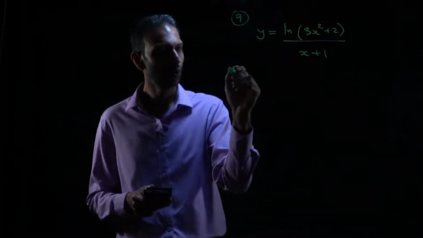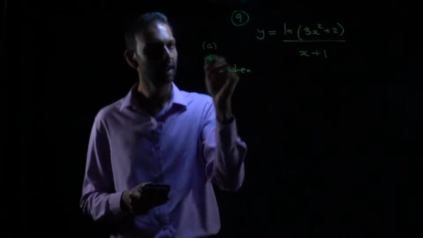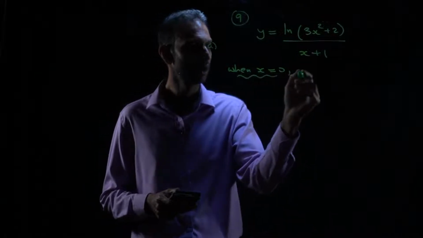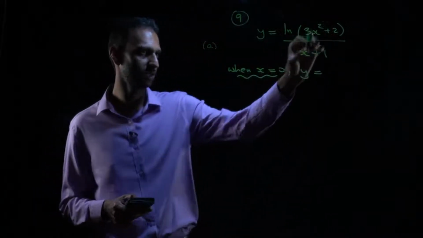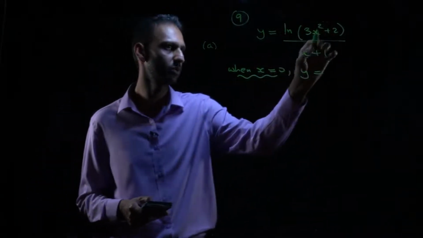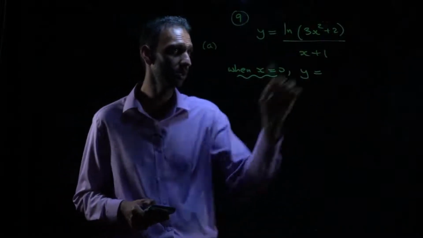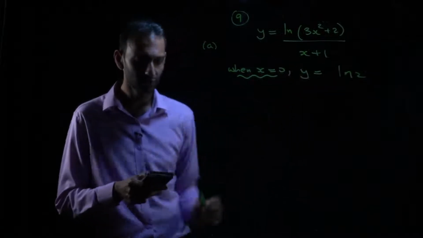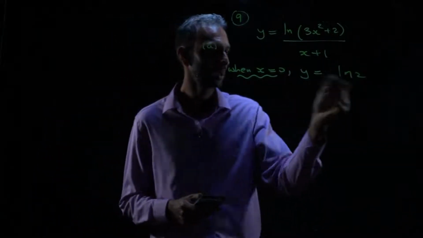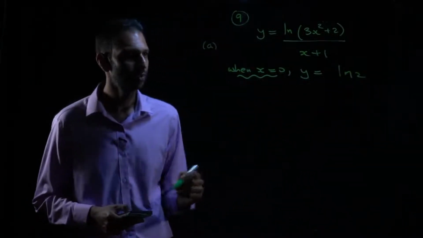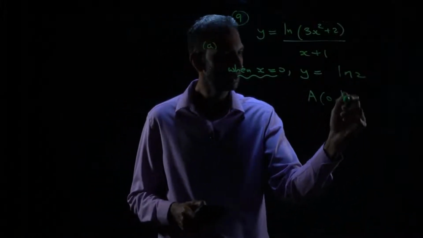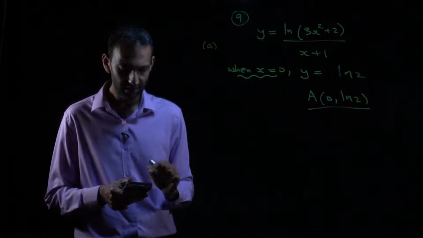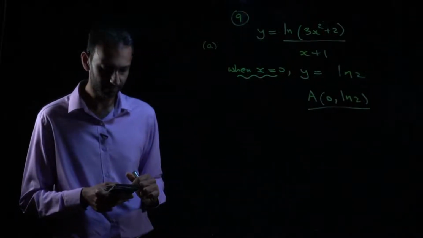Okay, so part A, when x is equal to 0, you have y which is equal to, if we substitute 0 here, we have 0 squared times 3, which is 0. 0 plus ln 2 is ln 2. Divided by 0 plus 1, which is 1. So we have y is equal to ln 2. So the point is technically A(0, ln 2).